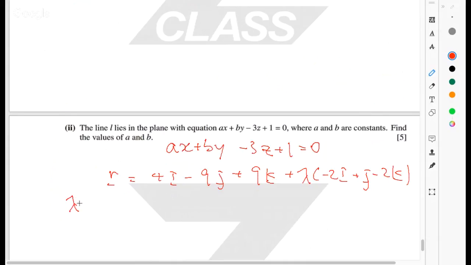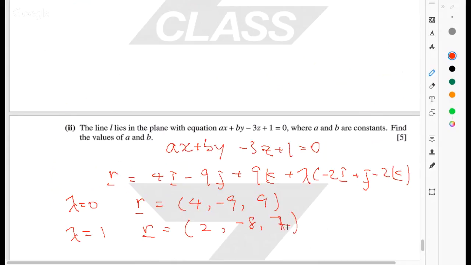So let's set lambda equal to 0. We get a point R equal to (4, -9, 9), and lambda equals 1, R is equal to (2, -8, 7).